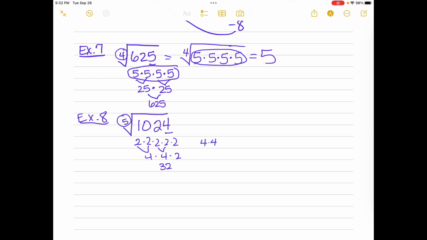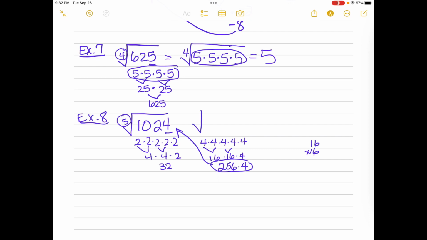This is just the way that you work when you're going through these problems. 4 times 4 is 16. Another 4 times 4 is 16, and another 4. Then I could work my 16 times 16 over here. I know that that's 256, times 4. Is that going to make 1024? Yes, it is, because you can think of it as 250 times 4 is about 1,000.